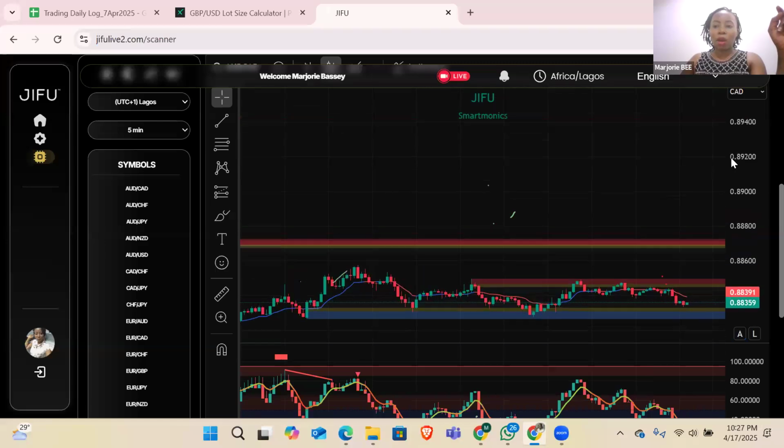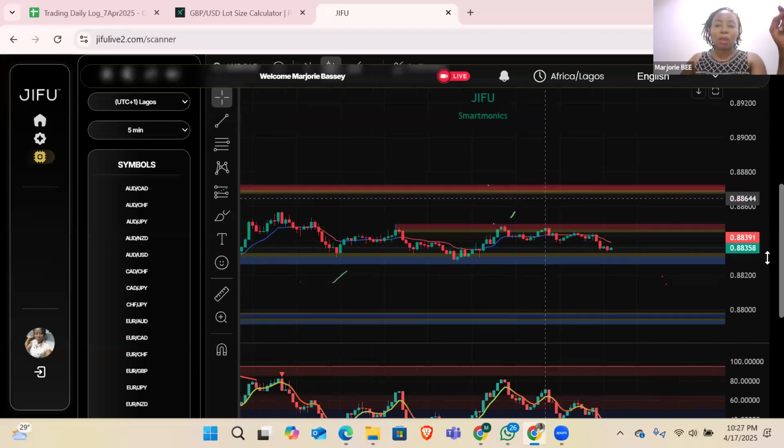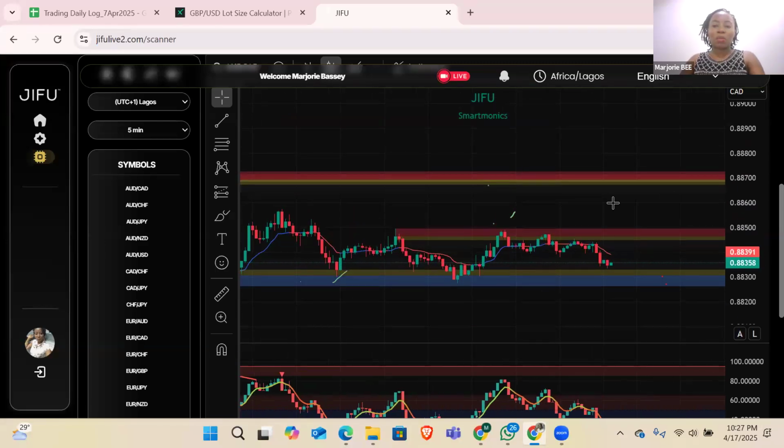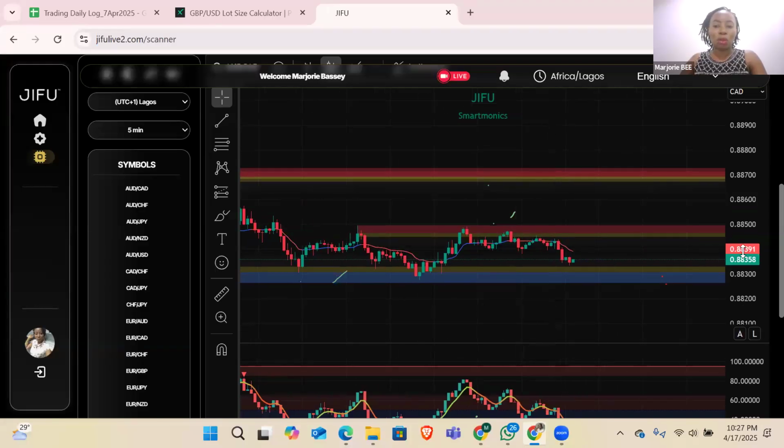Now, I told you that in Smart Money, we trade from zone to zone. You come and say, okay, this candle is coming to the blue zone, what price is it at? They said it moves from zone to zone, so let me take it. If Smart Money did not call any entry, please don't take any entry.